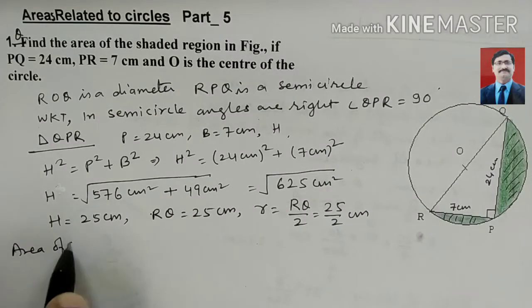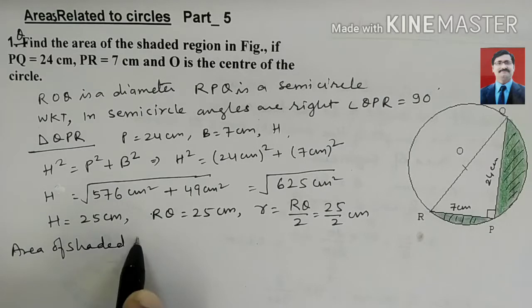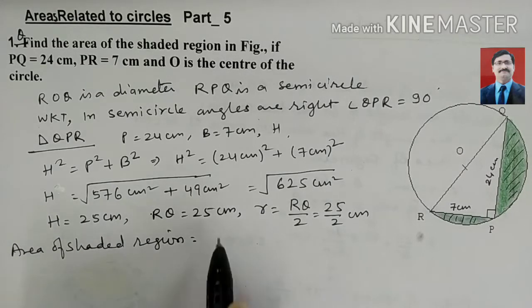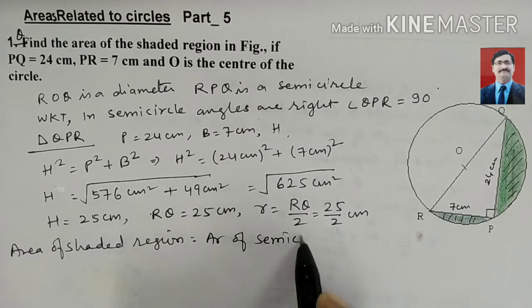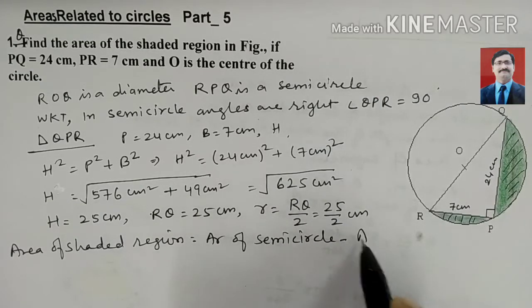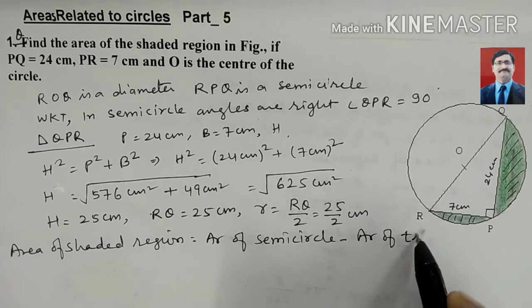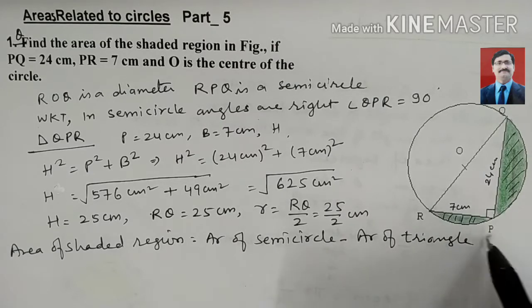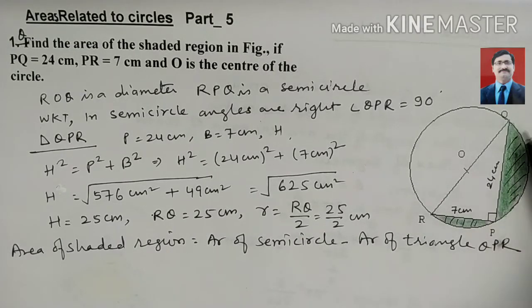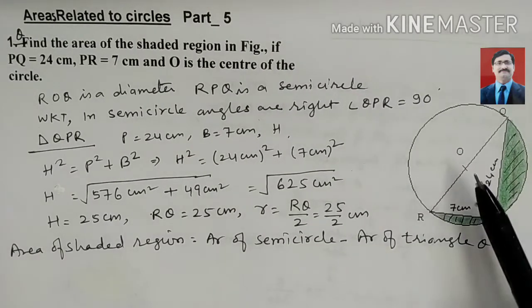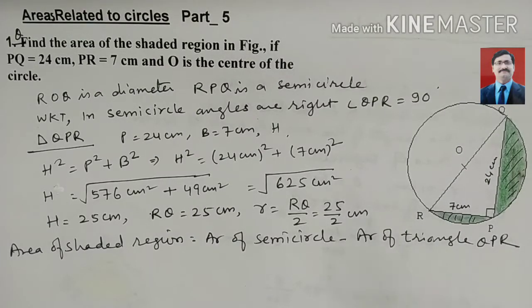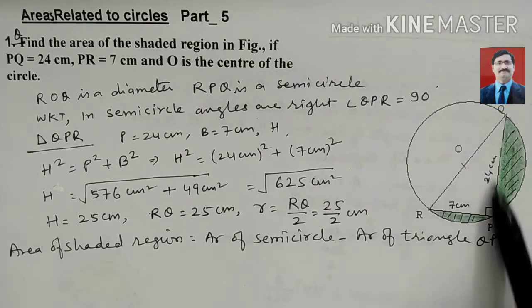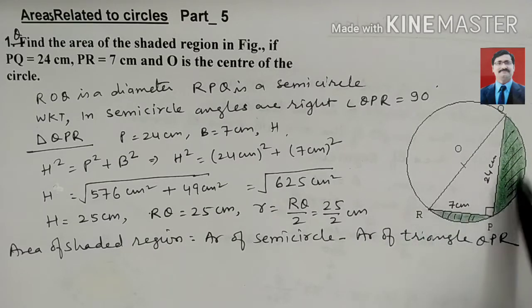Area of shaded region equals area of semicircle minus area of triangle QPR. Check this diagram: the semicircle, and if I remove the triangle, the remaining portion is the shaded region.